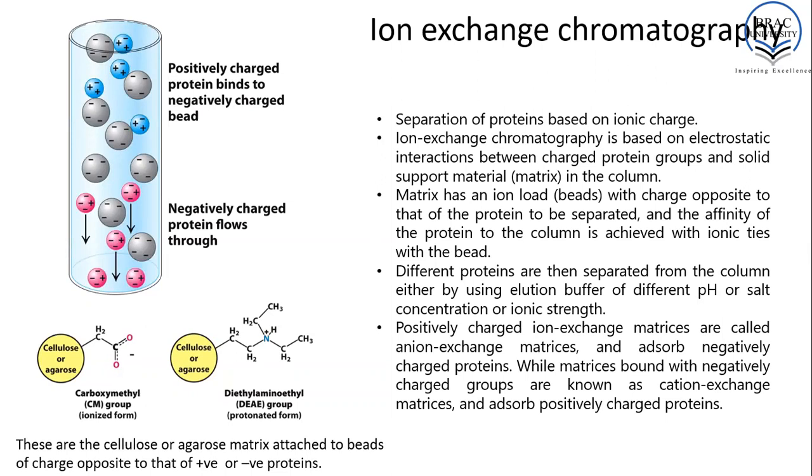The different proteins are then separated from the column either by using an elution buffer of different pH or salt, or a salt solution of different ionic strength. The positively charged matrices are called anion exchange matrices and absorb the negatively charged protein, while matrices bound with negatively charged groups are known as cation exchange matrices, and they absorb the positively charged protein.